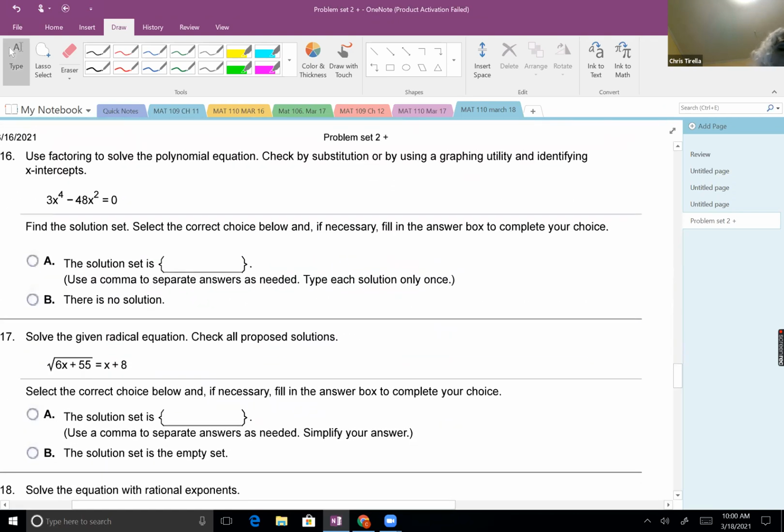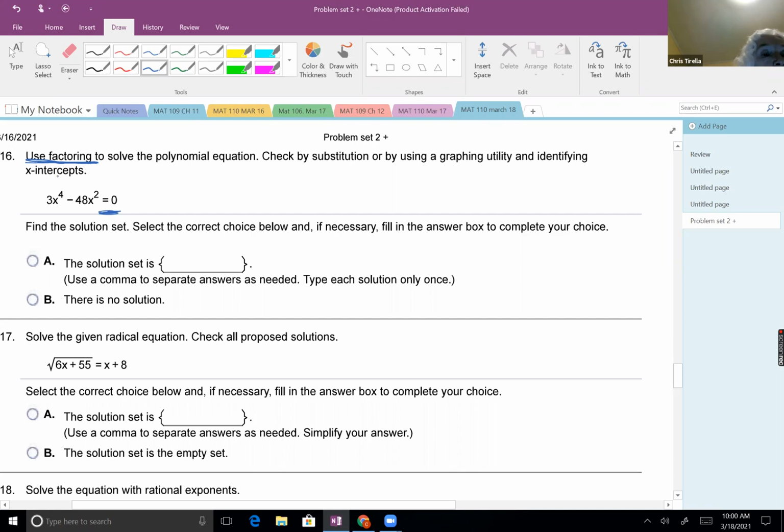This one asks us to use factoring, but we have to realize that this one's much larger than a quadratic. It's fourth degree. And so remember we had said that if we have an exponent higher than 2, unless it's quadratic in nature, we're going to make one side 0, which has been done for us already, and then factor.